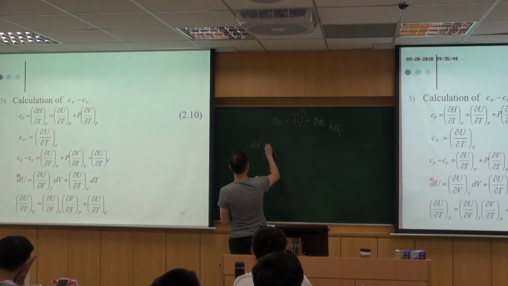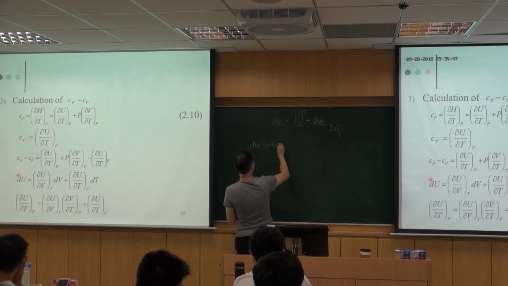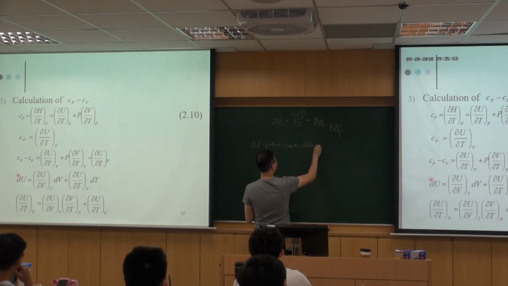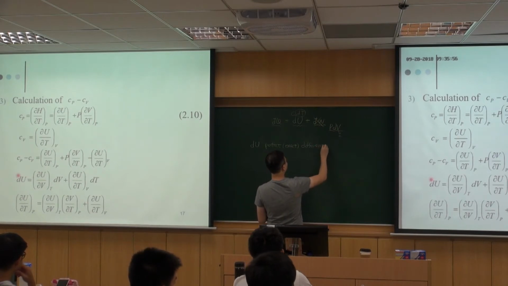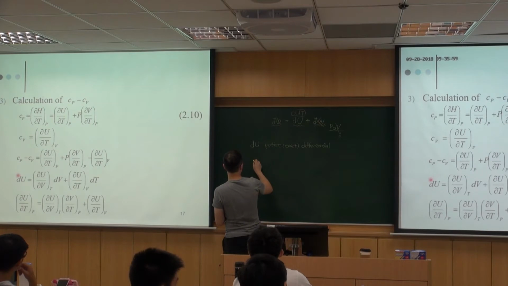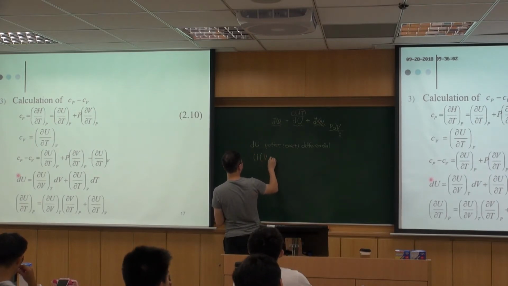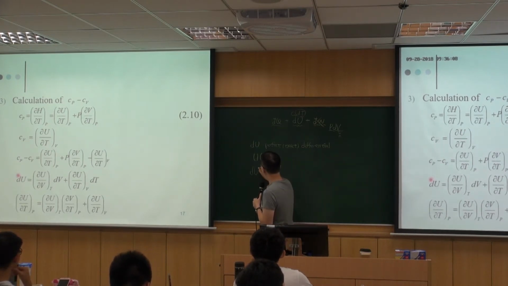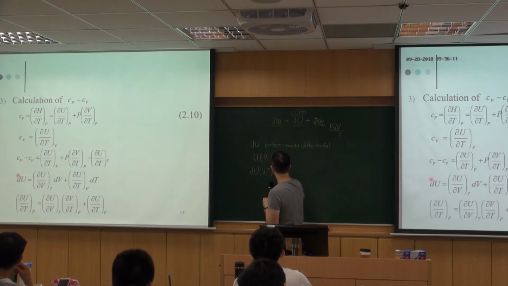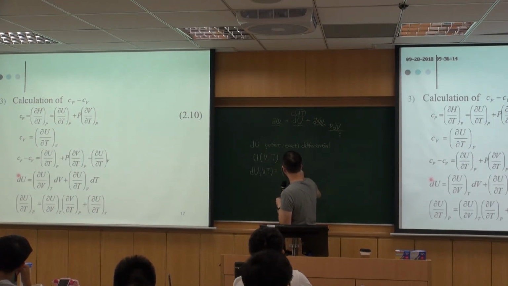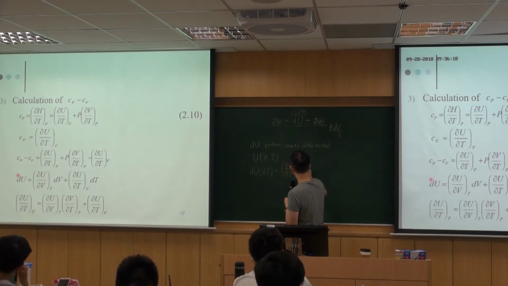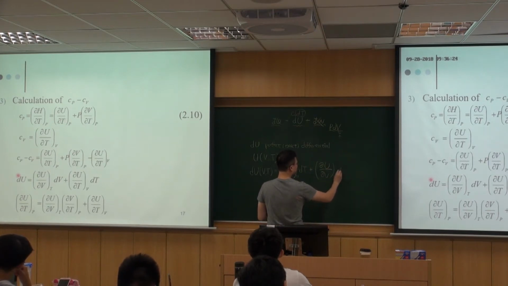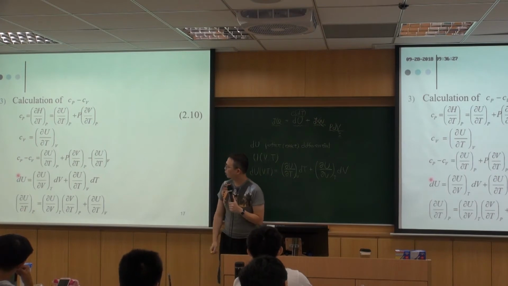This is an exact differential, which means that if U is a function of V and T, so if it has two variables, volume and temperature, then dU can be written as something like this.